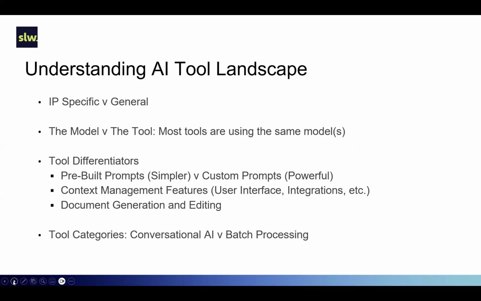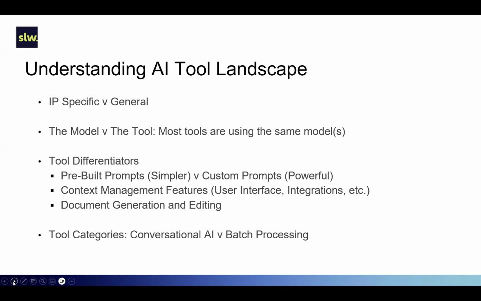So when it comes to these AI tools, there are a variety of legal tools, and there are a variety of IP specific tools, and then there are a variety of general purpose tools. And quite frankly, any of them can work to do certain tasks.